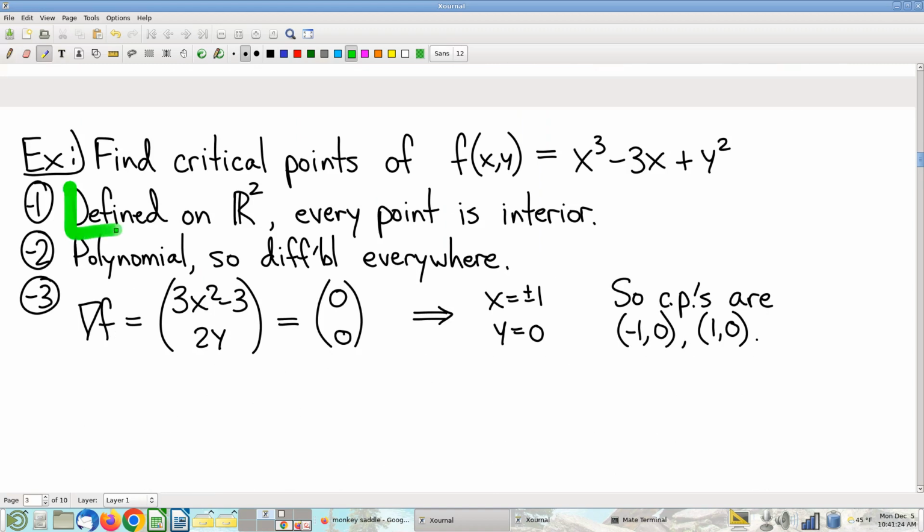This function's defined on the entire plane. It doesn't fail to be defined anywhere. What's the boundary of the entire plane? There is no boundary. Anywhere you are in the plane, you're in the interior. And so there are just no critical points of that type. I'm going to call that good news. We checked. There weren't any.